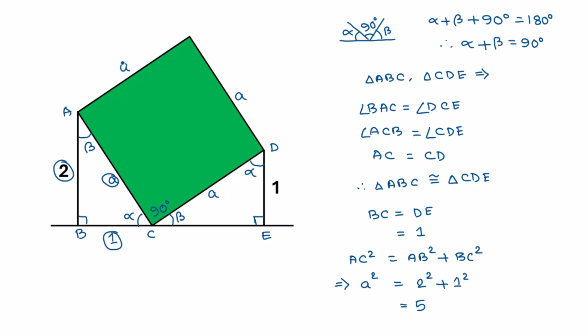The side length of this square is A, so the area of this square will be A square, and we have the value of A square is 5. So the area of this square is 5 square units, and this is the solution of this problem.